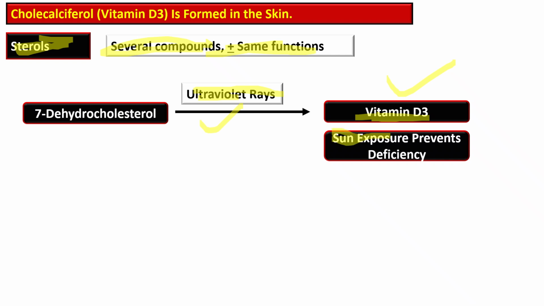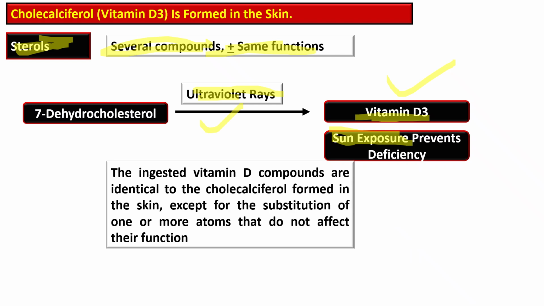For this conversion, sun exposure is necessary. So sun exposure prevents the deficiency of this one. Sunlight exposure is essential for initiation of this reaction. This is a non-enzymatic process, and after formation, this cholecalciferol enters into the bloodstream and is transported to the liver for further conversion into active hormone.